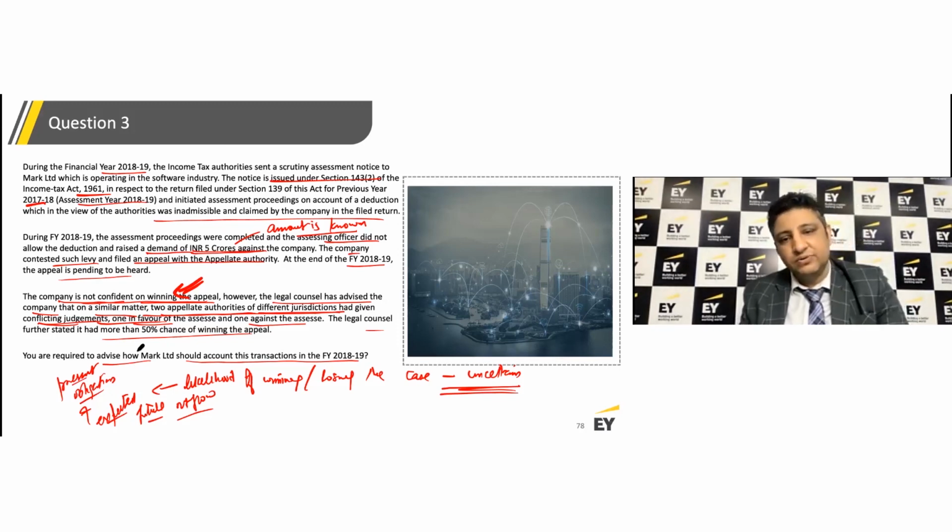So you look at it in a bit more prudent way, where you see that if that uncertainty exists, the probability is more likely than not that you would lose this case, right? So there's a probability of more likely than not that you're not going to win the case, and accordingly, it would be prudent for Mark Limited to, of course, create a provision in this particular scenario.